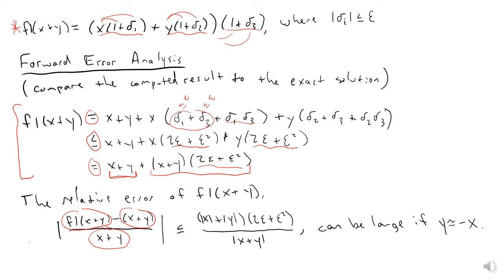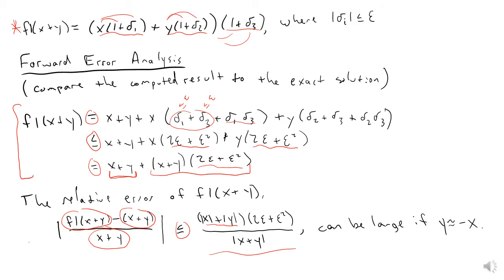In particular, this piece right here comes from something called the triangle inequality, but you don't need to worry about that here. Really all you need to worry about is that our relative error when we do floating point addition is less than or equal to this expression here.